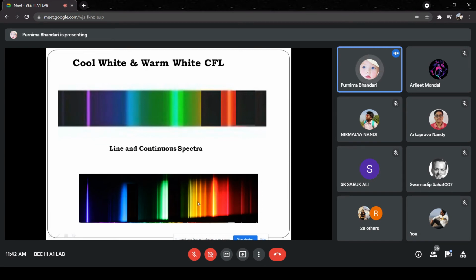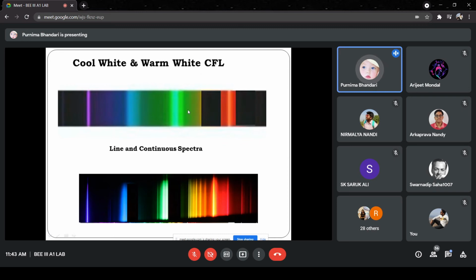You can see this is for the warm white, the red portion is much more, and there is some gap, but it is not actually a line spectrum. There is a range of wavelengths for a particular color, and we cannot differentiate them, because this is a lamp where we are using phosphor.